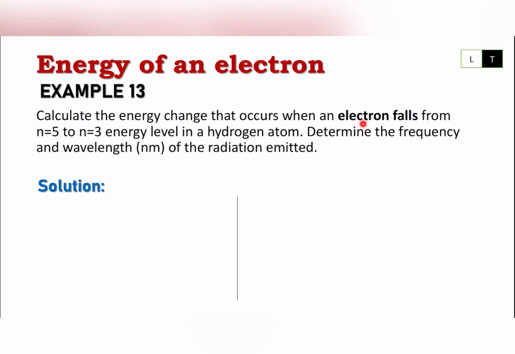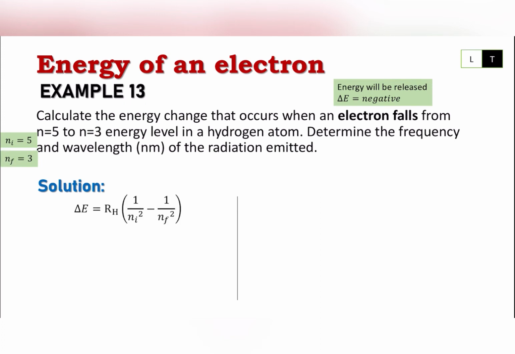You have the statement electron falls, so the energy will be released and delta E should be in negative sign. Next, from n equals 5 is your n initial, to n equals 3 is your n final. Then we use this formula to calculate delta E. Put the values correctly and you will have delta E equals negative 1.55 exponent negative 19 joule.